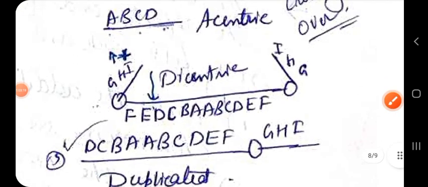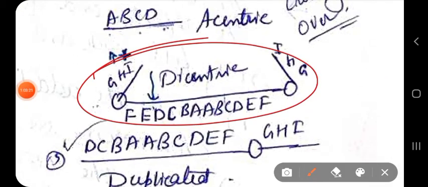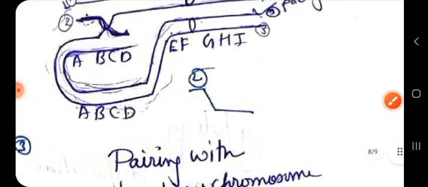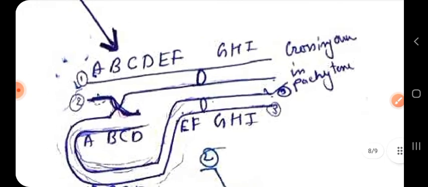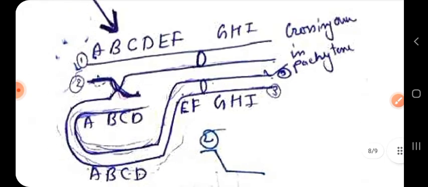The third one, you see a dicentric chromosome has occurred. A dicentric bridge has occurred, having two centromeres. I H G, F E D C, B A, just like the previous one, we get the dicentric chromosome. Let us see how it forms.